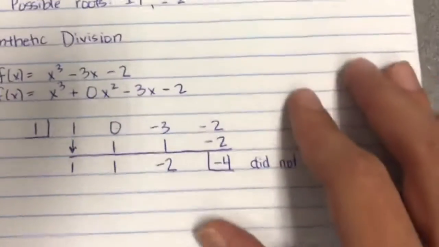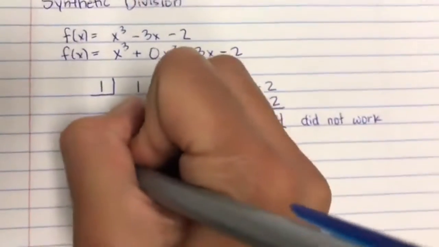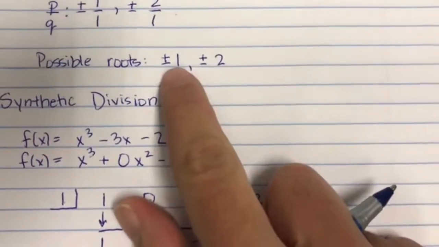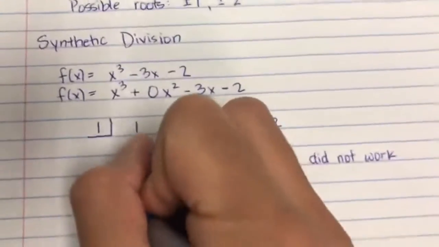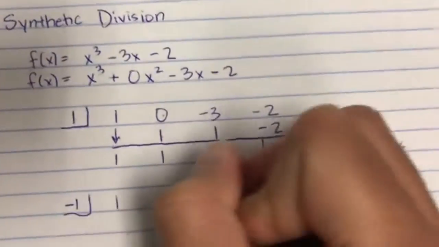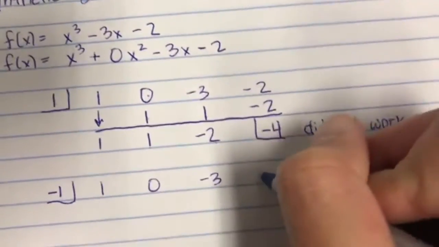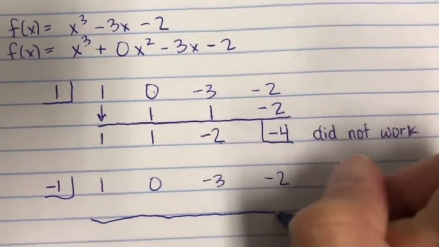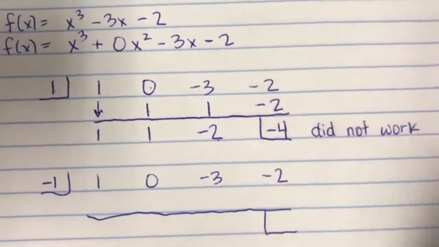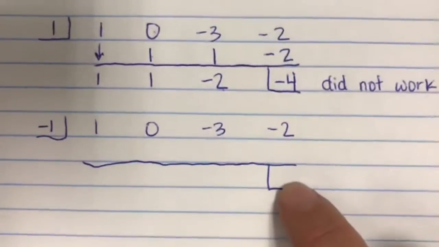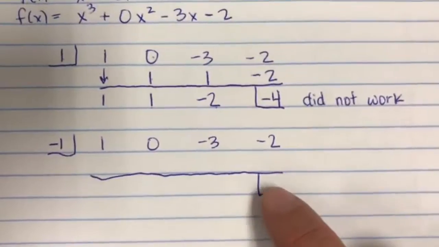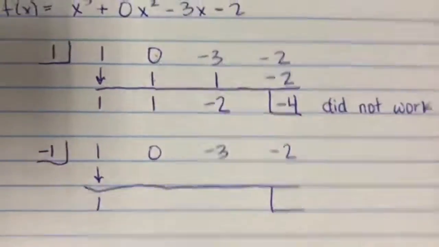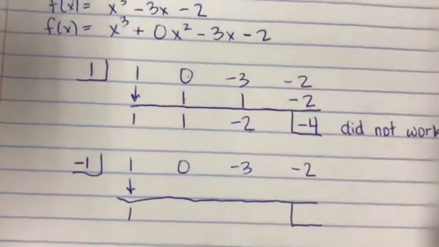So let's try another one. Let's try negative 1 because that's the next one on my list. I had a positive 1 and I had a negative 1. So now we're going to try a negative 1. And again, we're aiming for 0 here because it means there was no remainder. So I'm going to drop my 1 down again because 1 plus nothing is 1.